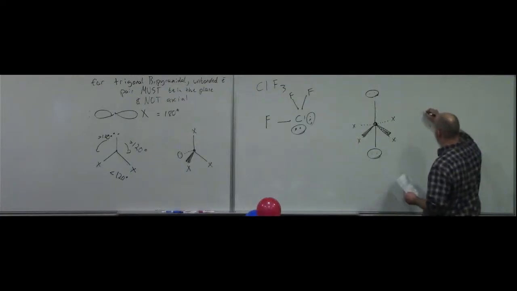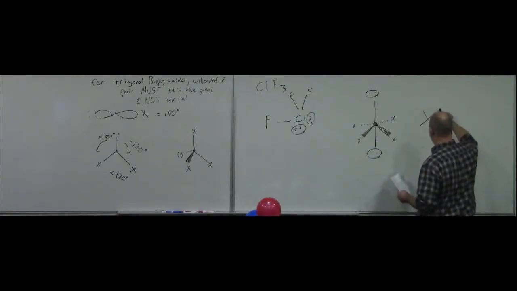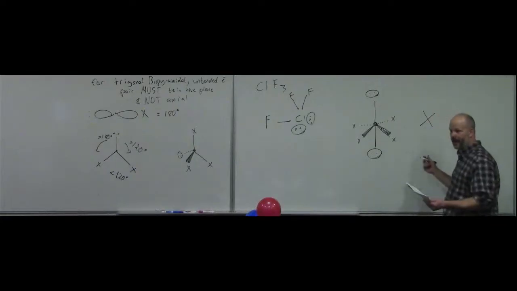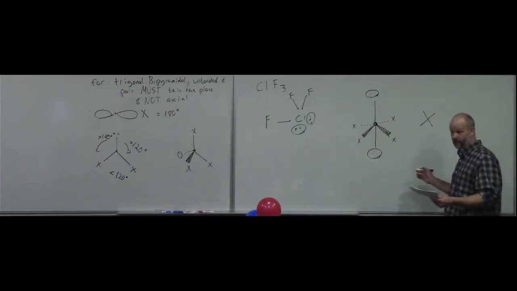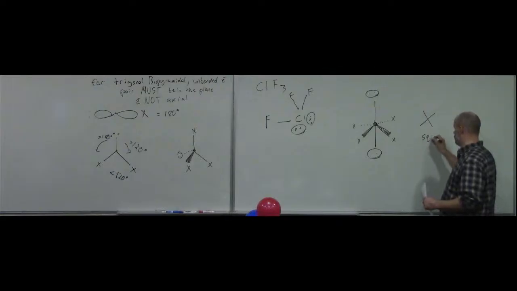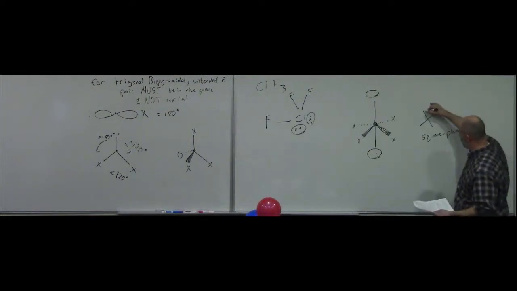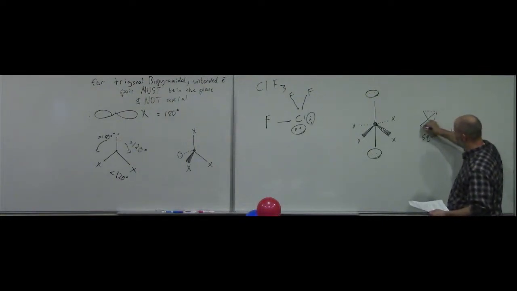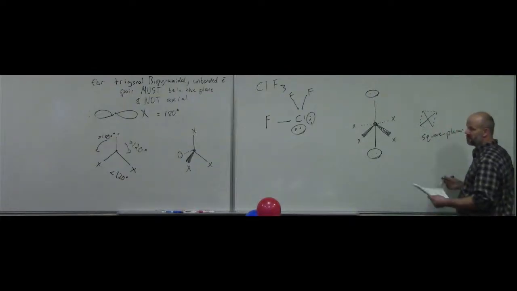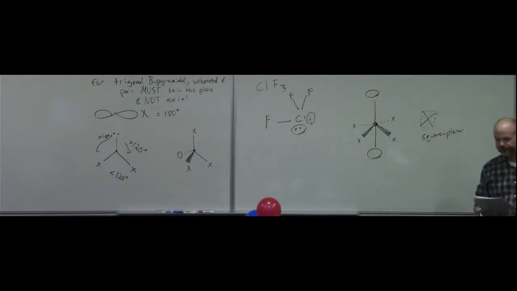If we were to draw this, it looks like an X, right? But we don't call it an X. We call it a square planar. We had a trigonal planar, I guess because of how you connect the dots, right? So, hence the name square planar.